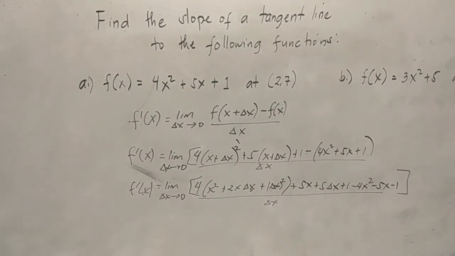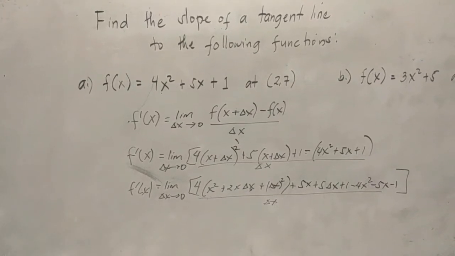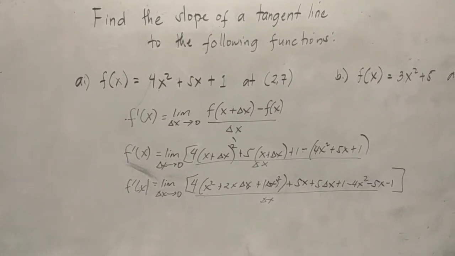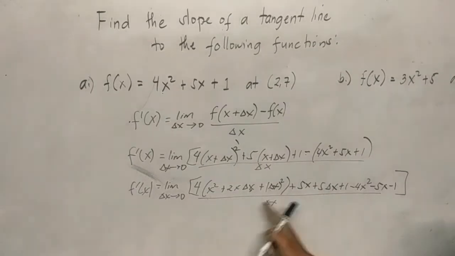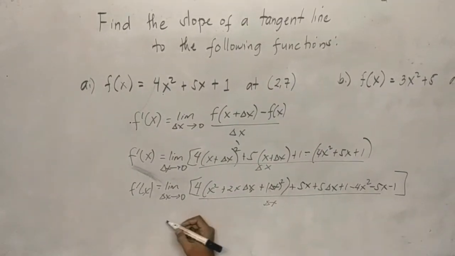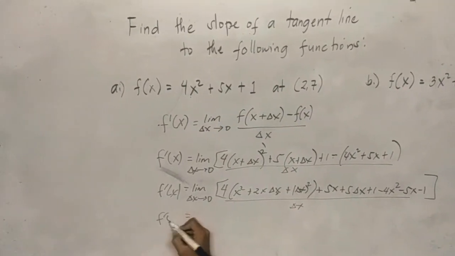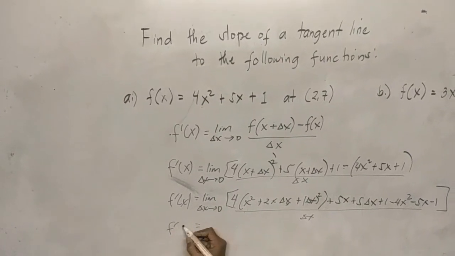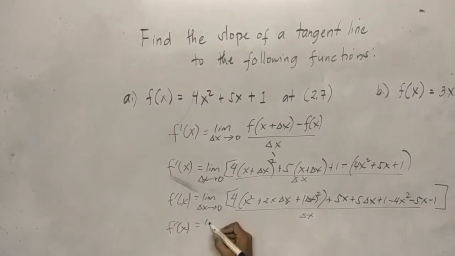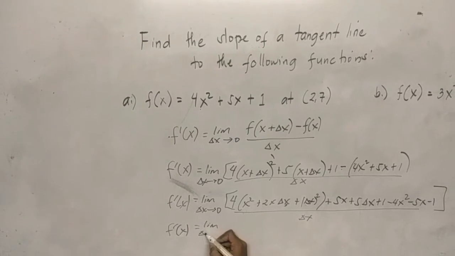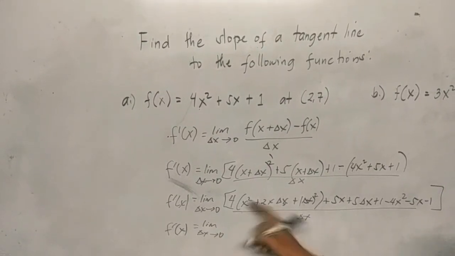So, if we observe, we have, this, we have not yet gotten f prime of x. So, the limit as delta x approaches 0.